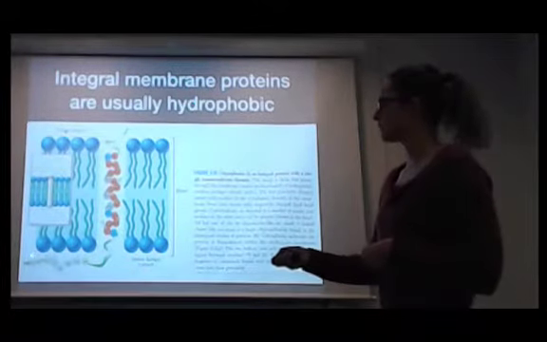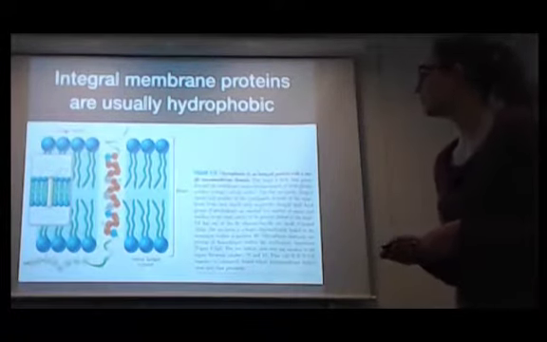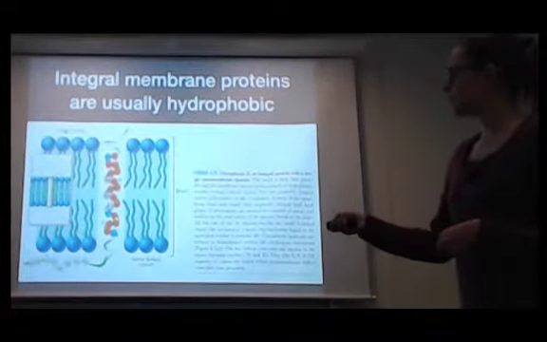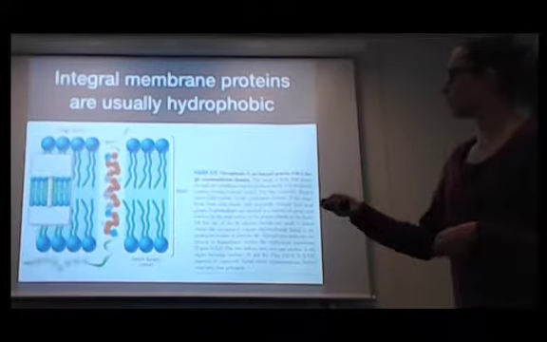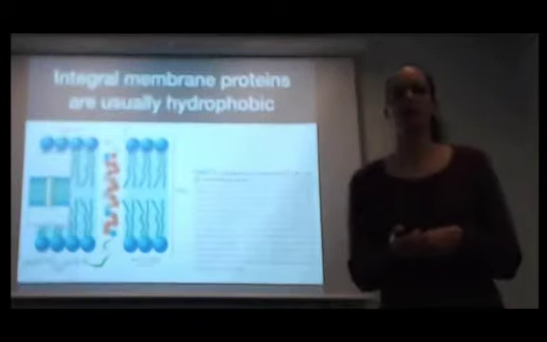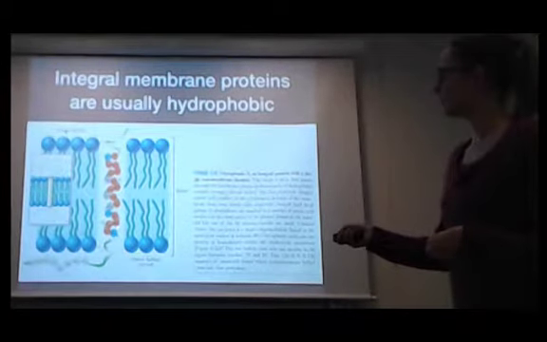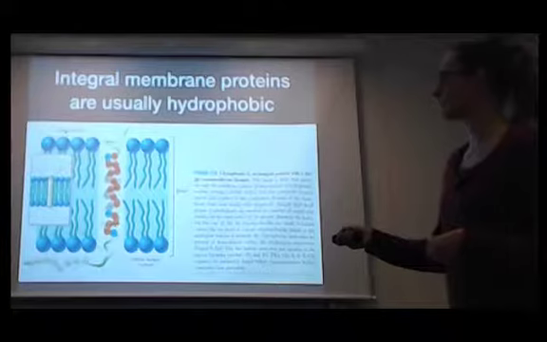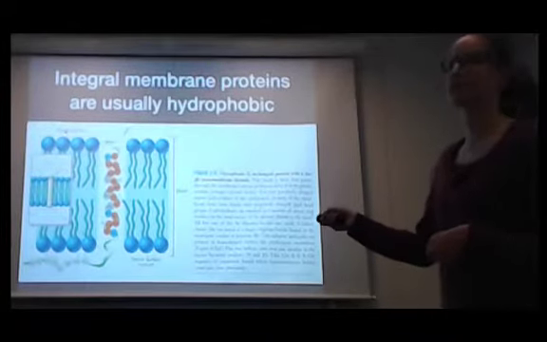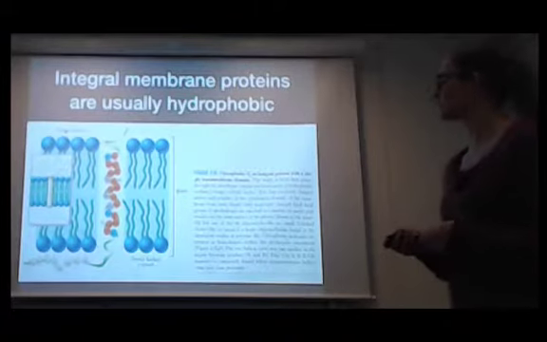So then it makes sense that you have these positively charged residues here inside of the cell. And the hydrophobic residues tend to partition into the lipid bilayer core because they interact favorably with the hydrophobic chains of the lipids, not too surprisingly.